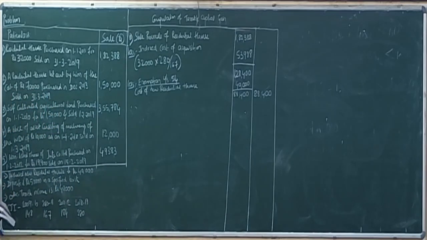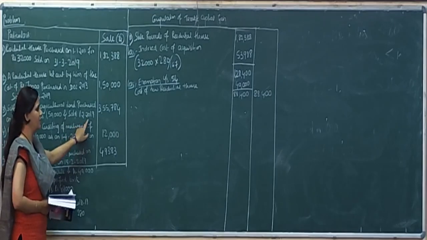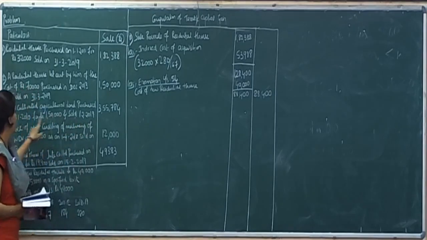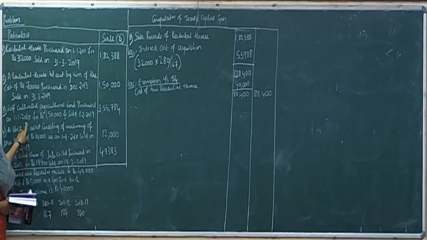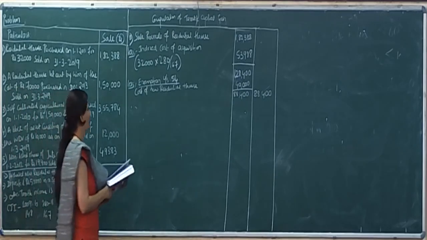Okay, so we will move on to the next one. Next we can see self-cultivated agricultural land purchased on 1st January 2010 for rupees 1,50,000 and sold on 1st February 2019. So it was purchased in the year 2010 and sold in the year 2019.